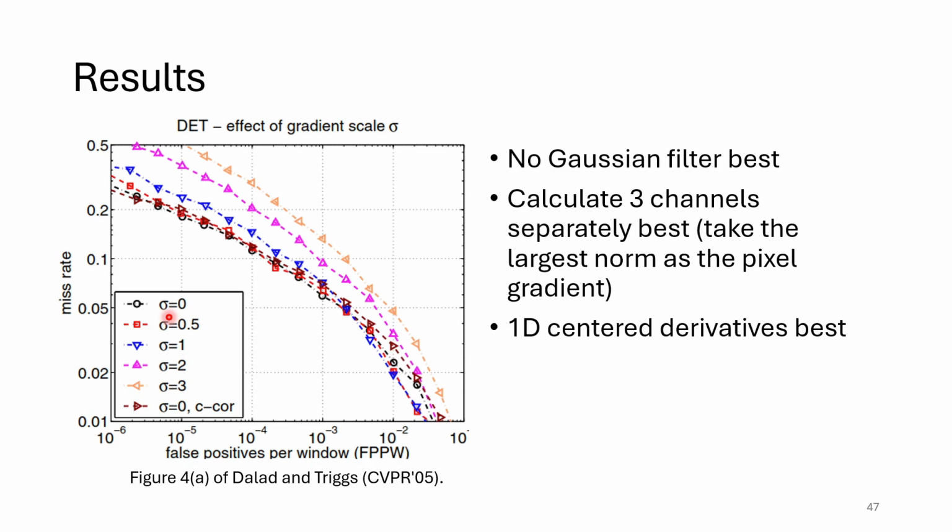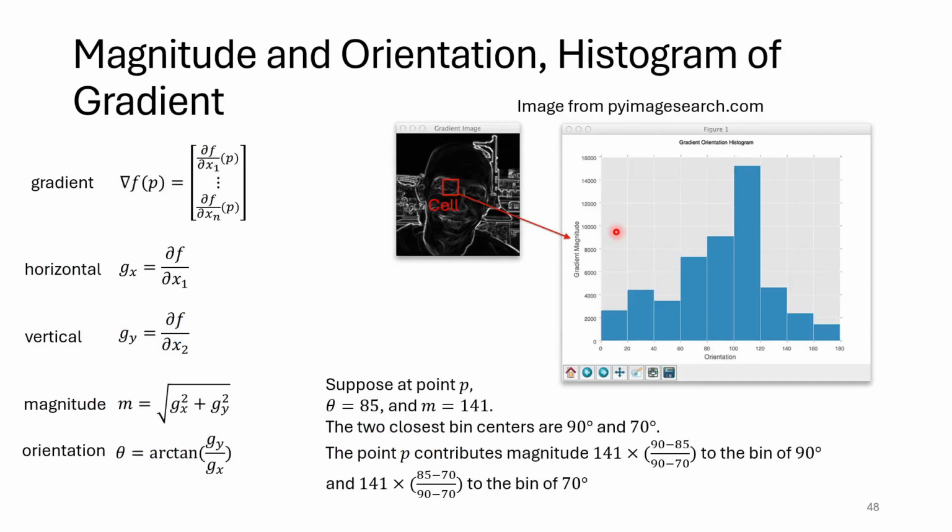So there are several choices. They found, based on their data set, the best result comes from extracting gradient features from 3 channels separately and taking the largest one of them.